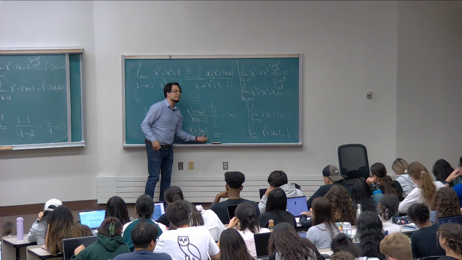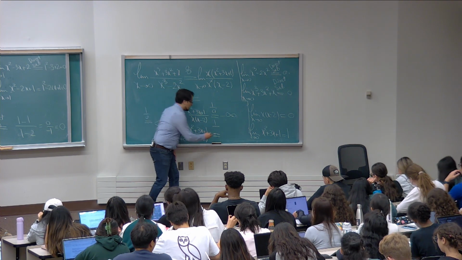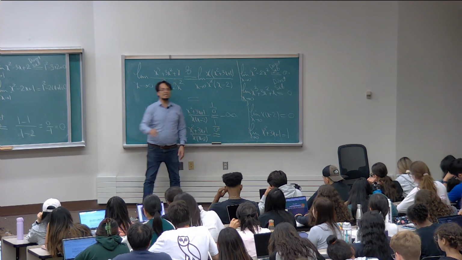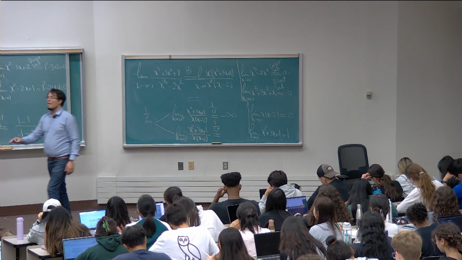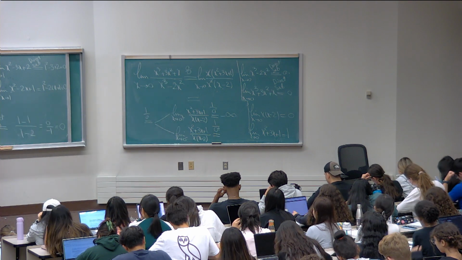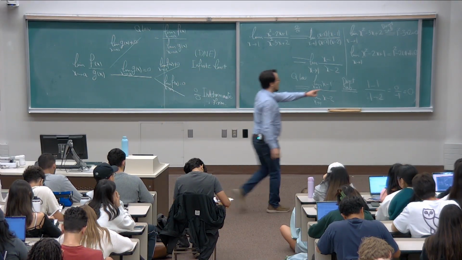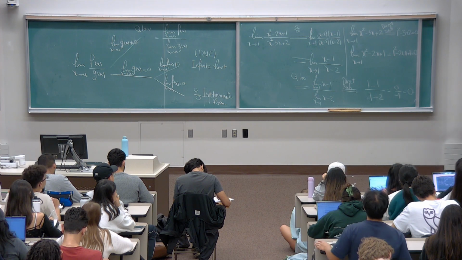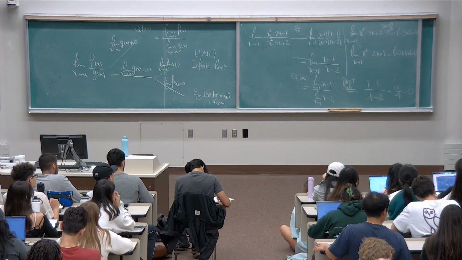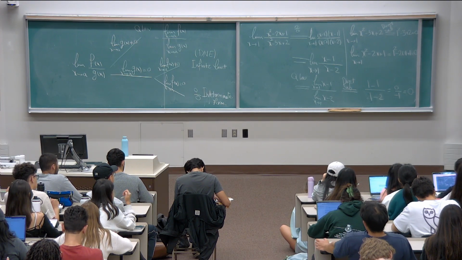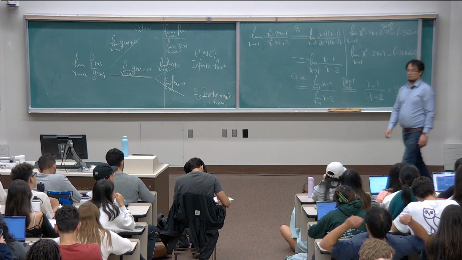Negative times negative is positive. So yes, we are getting closer to 0, but we are going to have only positive numbers in the denominator. 1 over positive numbers, very small, it's going to be plus infinity.